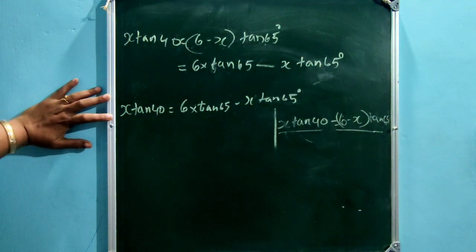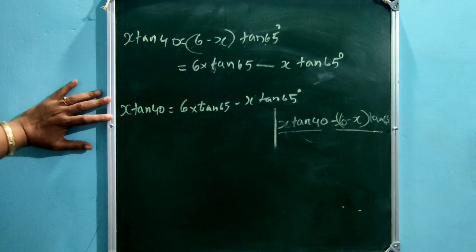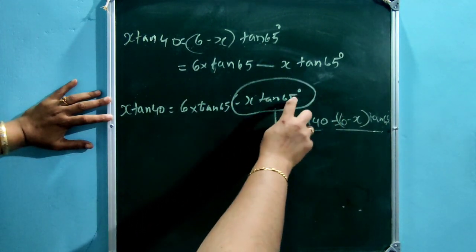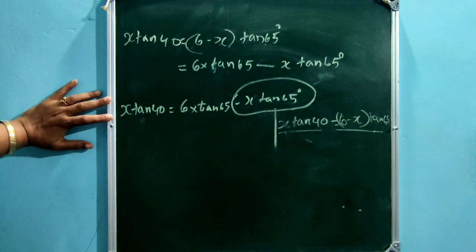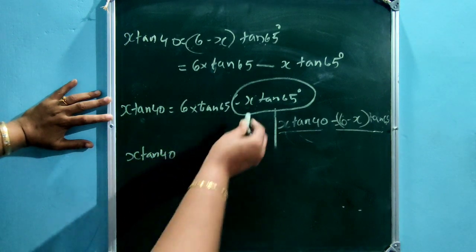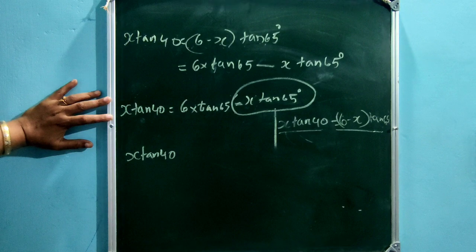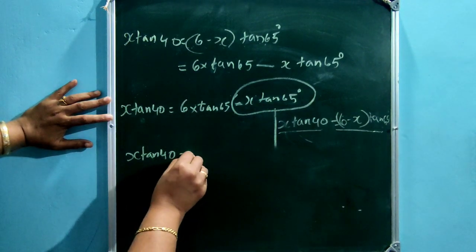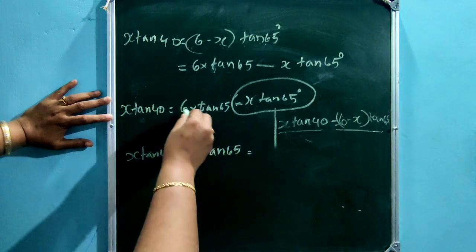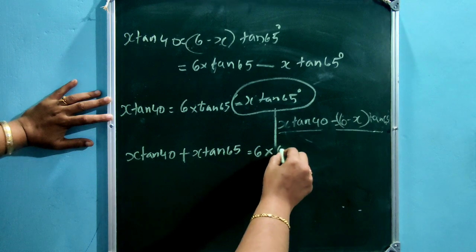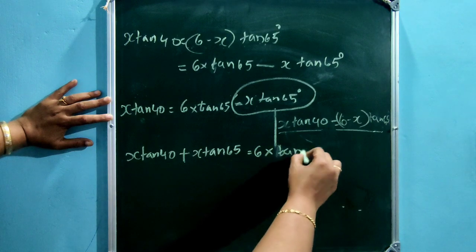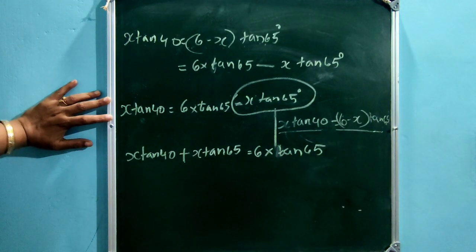Now I am going to move the variables to one side and numbers to the other side. For that, I am moving this x tan 65 to the left hand side of the equation. So we have x tan 40 and here minus x tan 65. If we move this minus to the other side, we have plus x tan 65, and here we have 6 into tan 65.